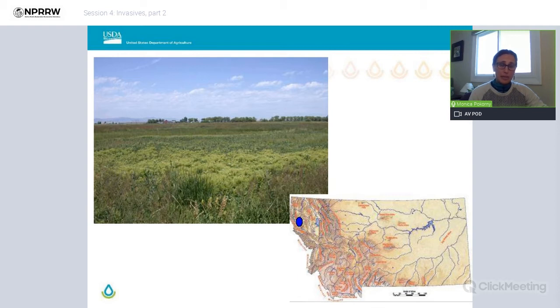They were flood irrigated, introduced grasses that had been taken out of production, and the new ownership now wanted to have them for more of a prairie system, a grassland system that would support wildlife and upland birds. And when they removed the irrigation, they were getting a lot of weed species moving in. Like you can see this giant patch of whitetop, which is a perennial invasive mustard in the site.